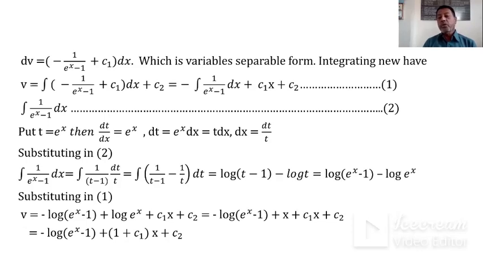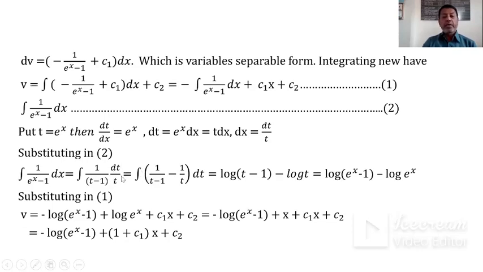Therefore, from this we obtain dx is equal to dt upon t, and substituting this in the integral, we get integration of 1 upon e to the power x minus 1 dx is equal to integration of 1 upon t minus 1 into dt upon t.